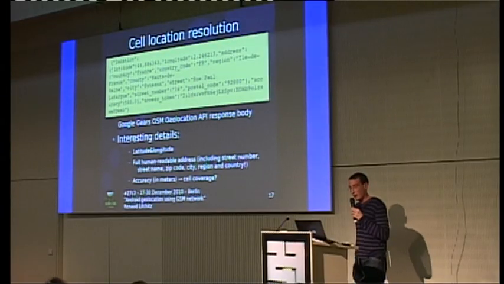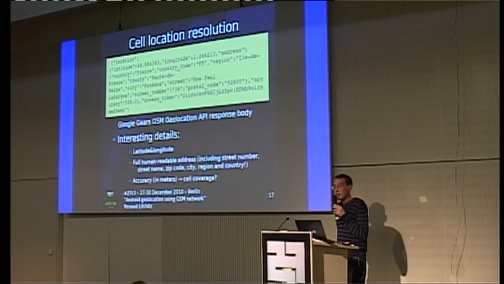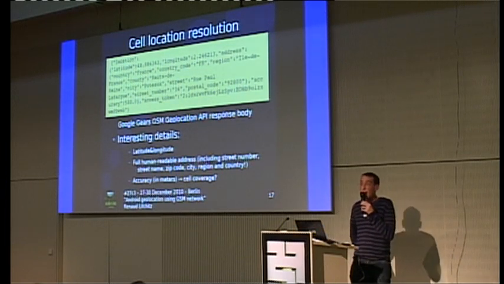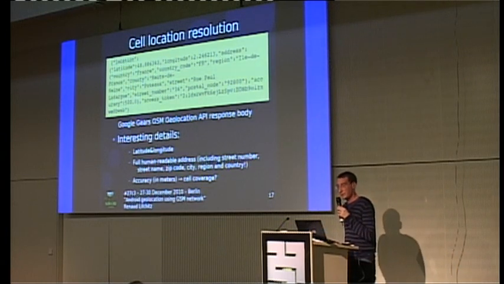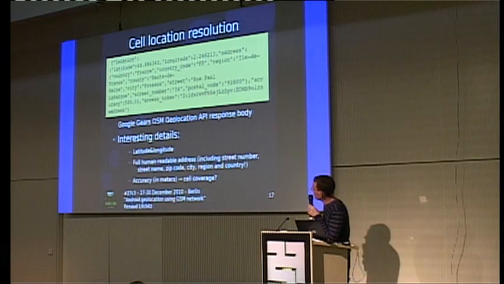So you have a complete reverse geolocation using only the cell IDs, right? And you even have the accuracy, which I think is the cell coverage. It couldn't be anything else. So it should be the cell coverage, in fact. Here you see the accuracy is not so good, 500 meters.